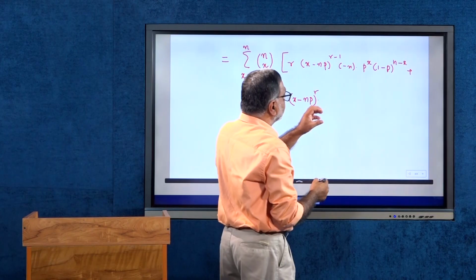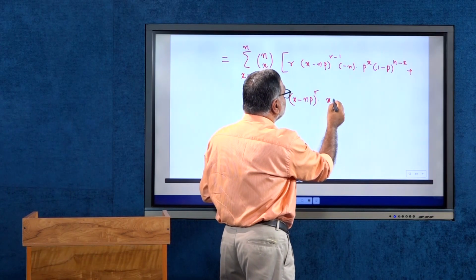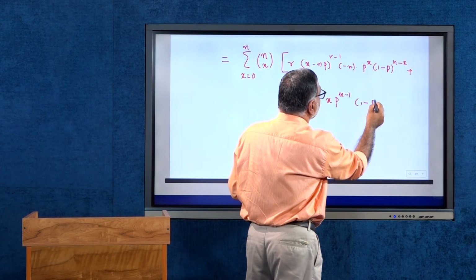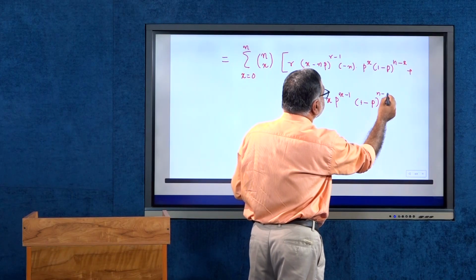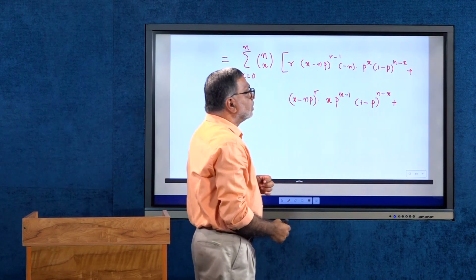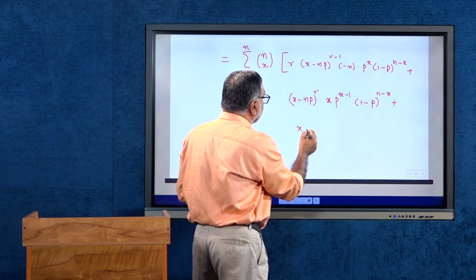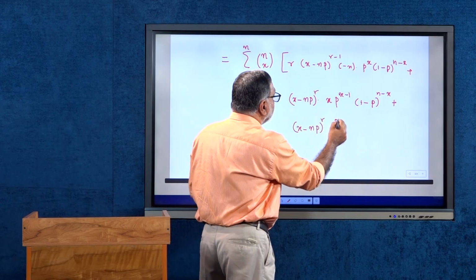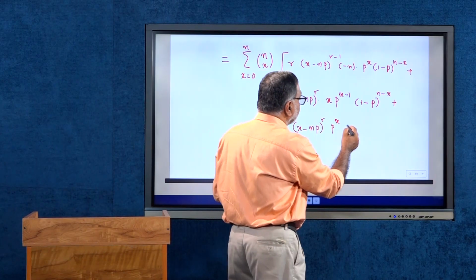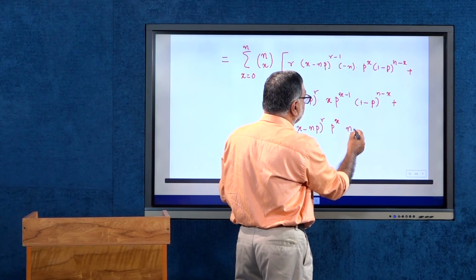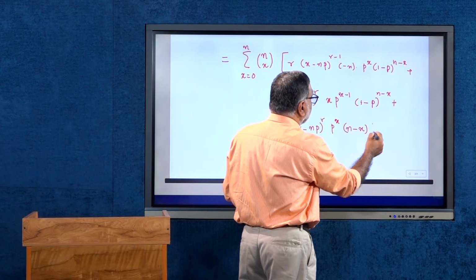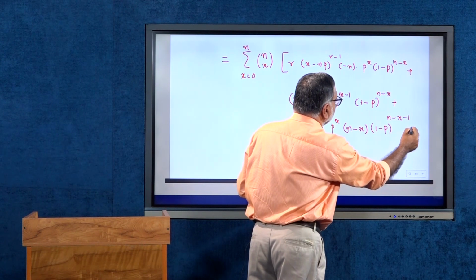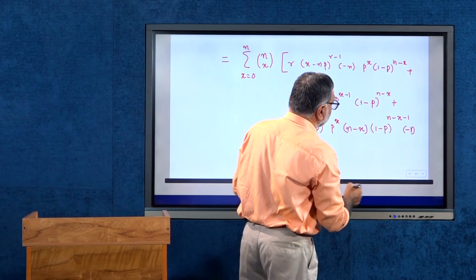The derivative of the second function p power x is x into p power x minus 1, into the third function 1 minus p all power n minus x, plus the first function x minus np power r, the second function p power x, into the derivative of the third function 1 minus p all power n minus x. So, the derivative becomes n minus x, 1 minus p all power n minus x minus 1, into the derivative of minus p, that is minus 1.